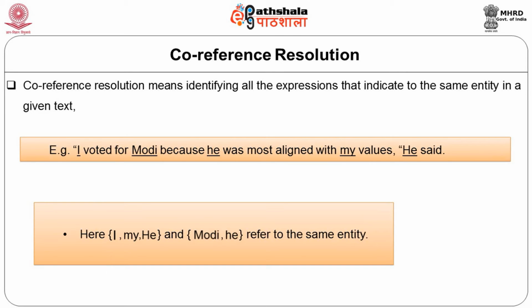Co-reference resolution means we have to identify all such expressions that indicate the same entity. In natural language processing, this was referred to as anaphora resolution. We start with a proper noun, there is no ambiguity, but soon we replace the proper noun with some kind of pronoun and we continue.